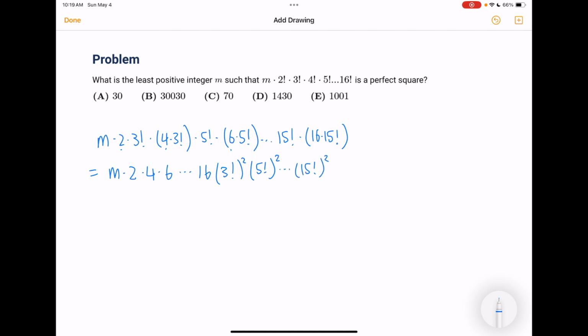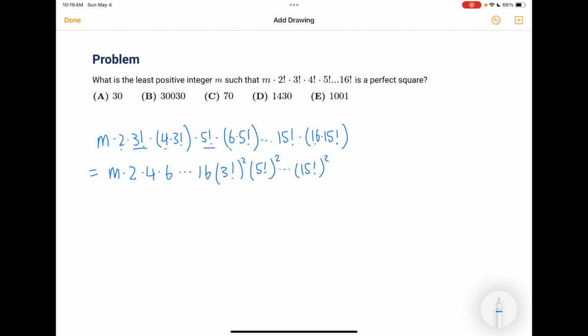This is because we have the original numbers 3 factorial, 5 factorial, 15 factorial, but then for 4 factorial, 6 factorial, 16 factorial, numbers like that, we had the 4, the 6, the 16, but then we had another 3 factorial, 5 factorial, and 15 factorial. So that's why it's squared.